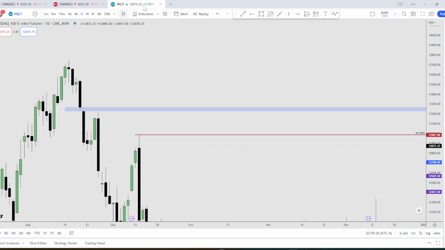And what's the furthest extension I'm looking at? The mean threshold of this order block right here. Okay, I think it's about 13509.